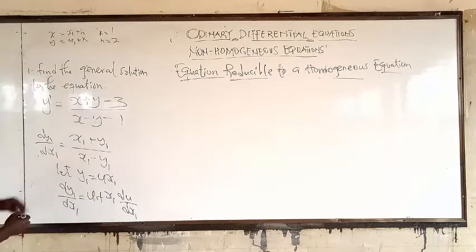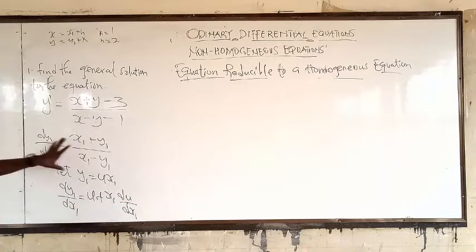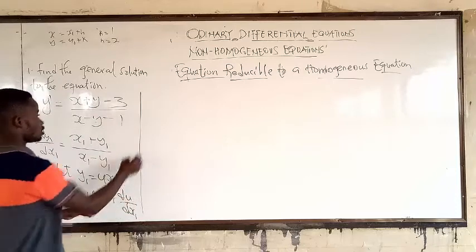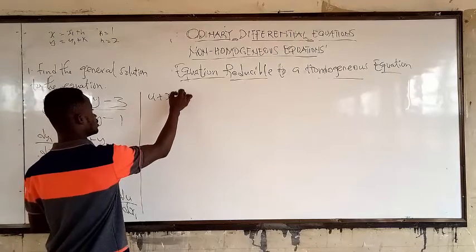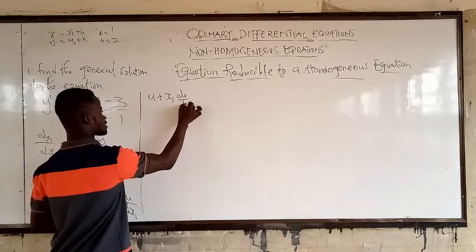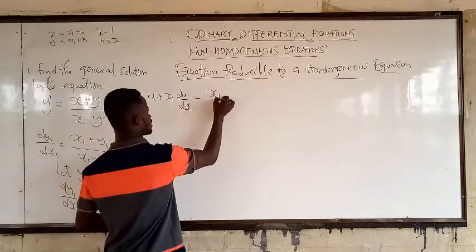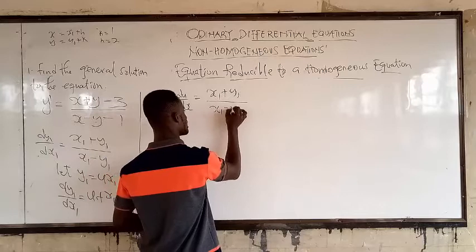So instead of writing this, we write this for the left hand side, then we repeat this. You know how to solve this already. So u plus x1 du dx1 is equal to the right hand side, x1 plus y1 over x1 minus y1.